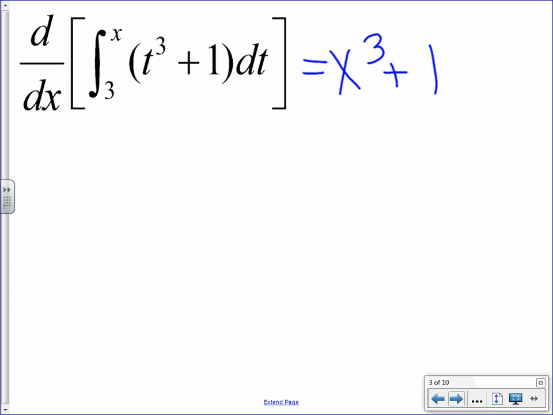Okay, because it has to be in terms of x. I would like to point out, it does not matter what this constant is right here. It could be 0, it could be 3, it could be 1500, but it needs to be a constant.